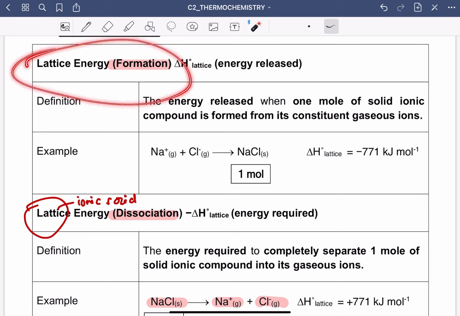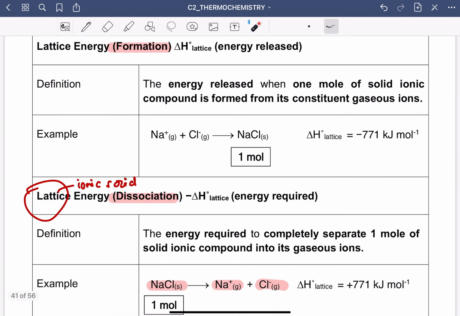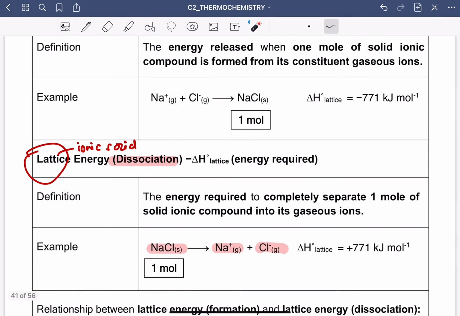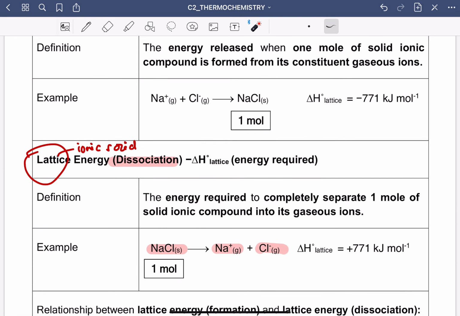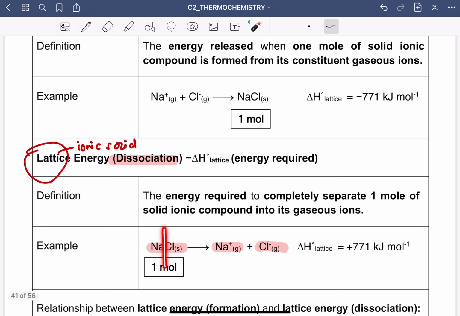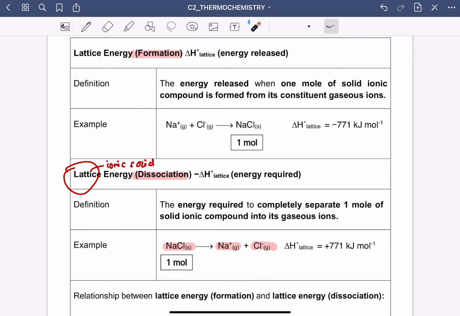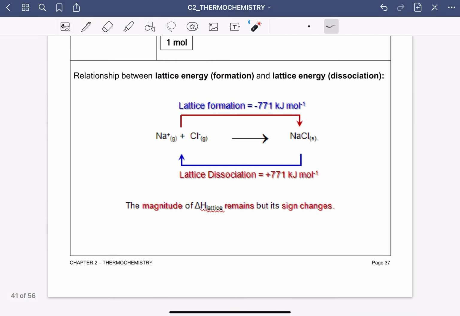Usually for lattice energy formation, energy will be released. But for lattice energy dissociation, energy will be absorbed. Why? Energy is absorbed to break the solid so that it can form the gaseous ions. Again, lattice means ionic solid, and lattice energy dissociation means we break up the ionic solid. So how much energy is involved? Read this at page 37.